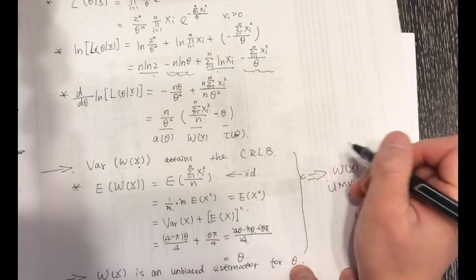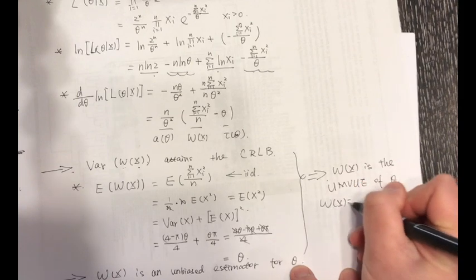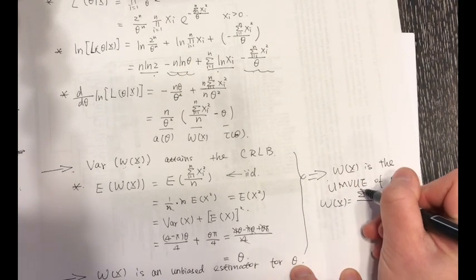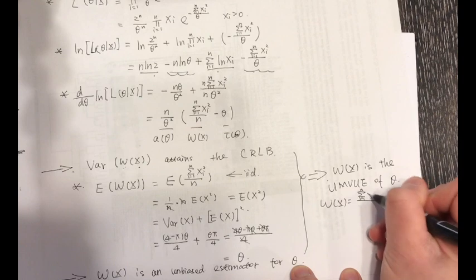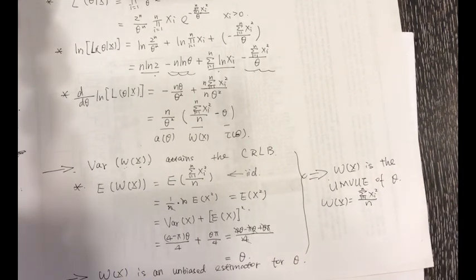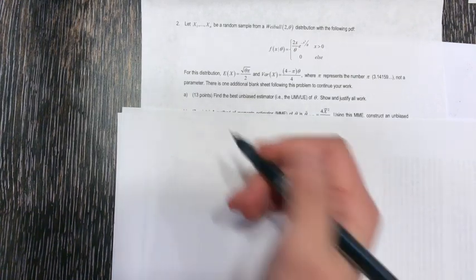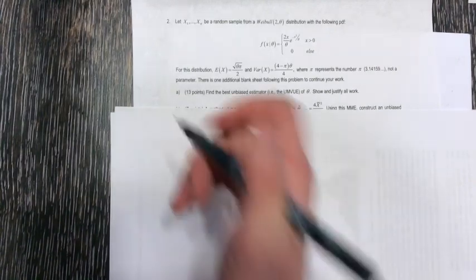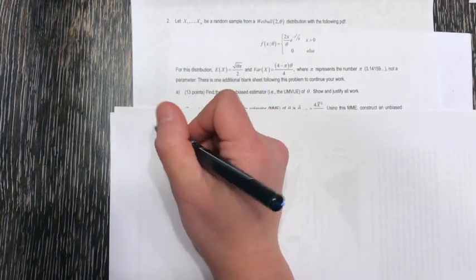And W(X) is equal to the sum of xi squared divided by n. Okay, so we have kind of finished question A, but there's another way to do it. So let's try another way.